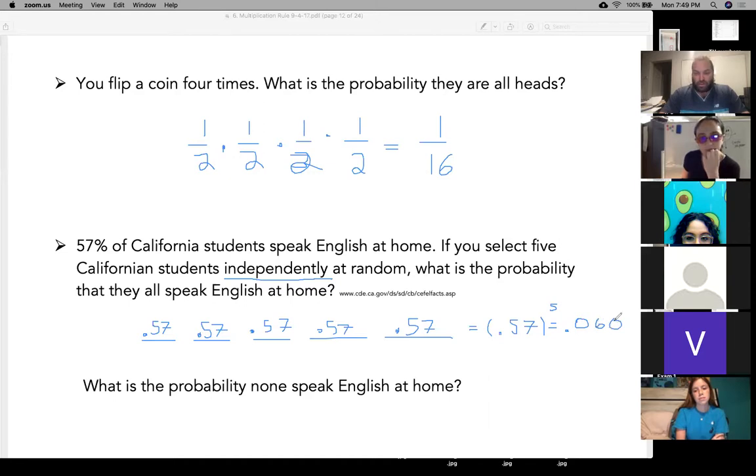Okay, now a little tougher. What is the probability none of them speak English at home? So 0.43 to the 5th. Yes, 0.43 to the 5th, because again, there are 5 independent events. The first one not speaking English is 43%.